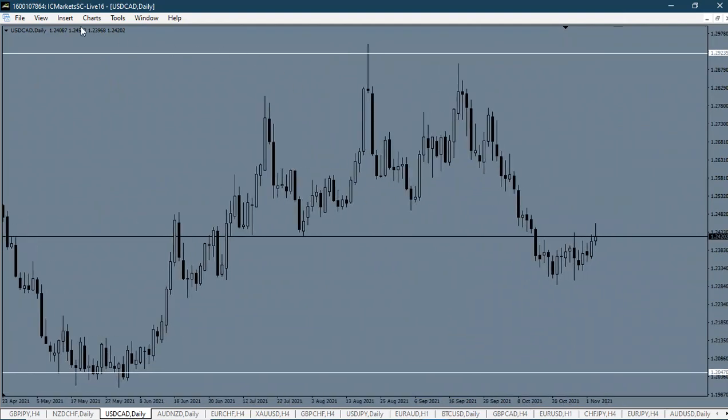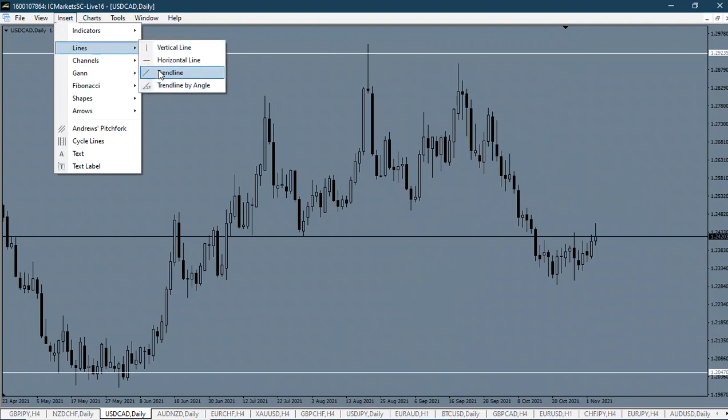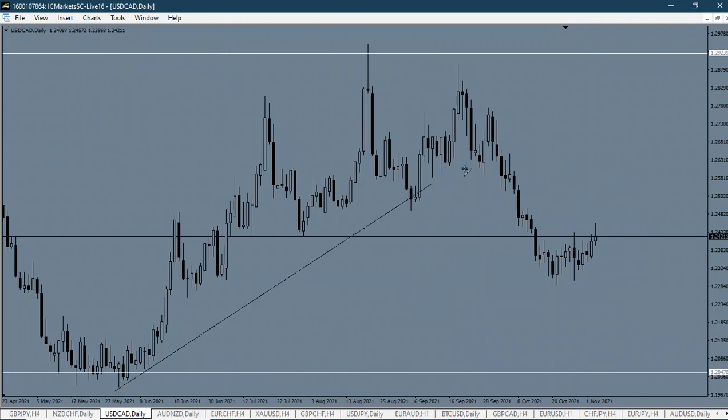So from here we can see that we had this pattern right here. Price was playing on this side for a long time before dropping down and breaking this pattern right here.